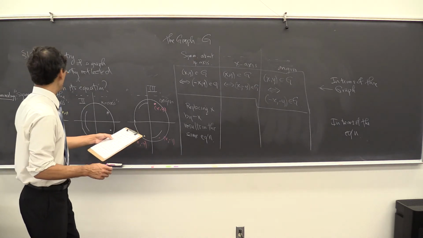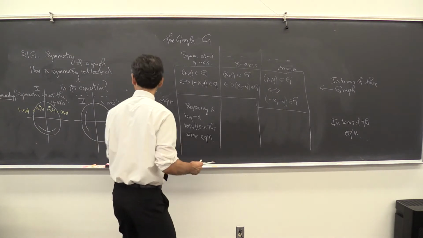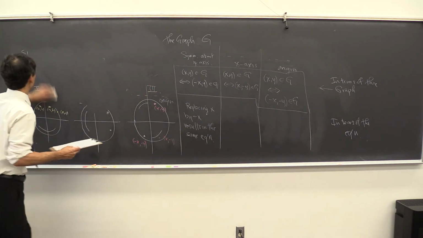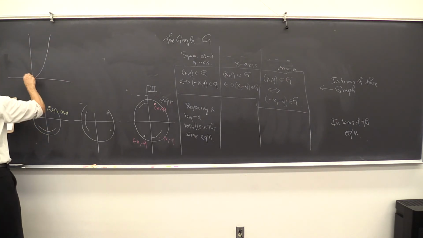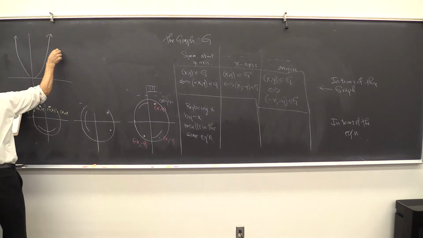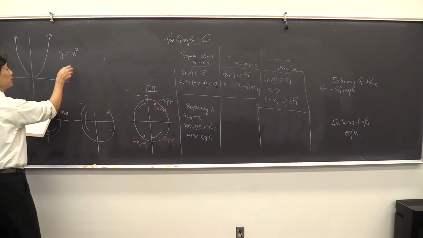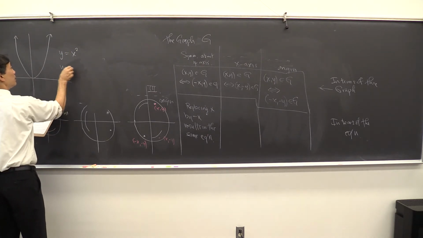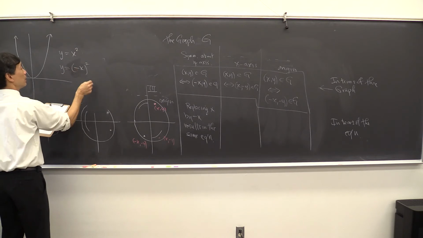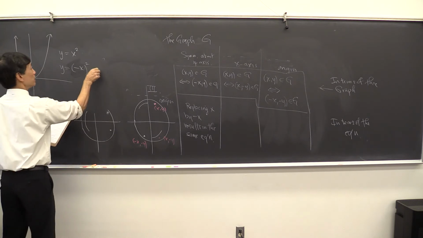Let me give you an example of that. Parabolas. The parabola y equals x squared has a symmetry about the y-axis, and you notice that when you replace x by negative x, if I take this equation and replace all the x's by negative x's, I get the same equation.